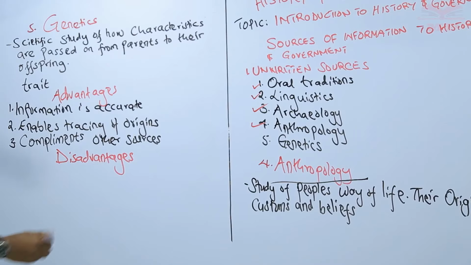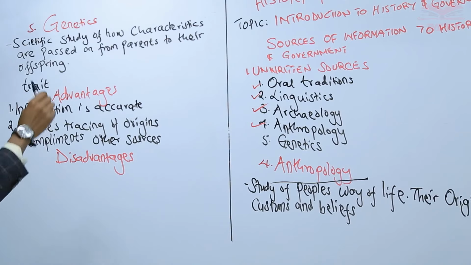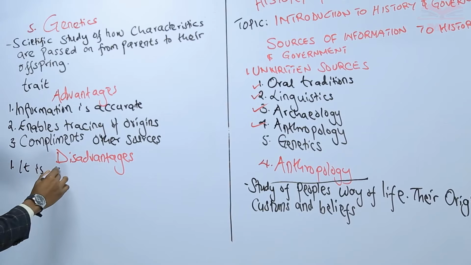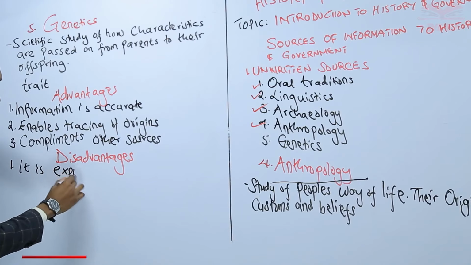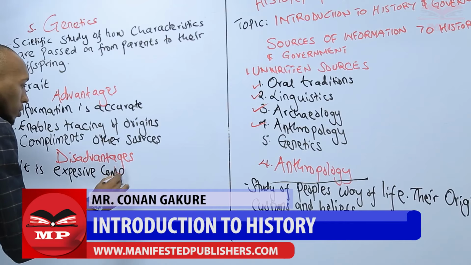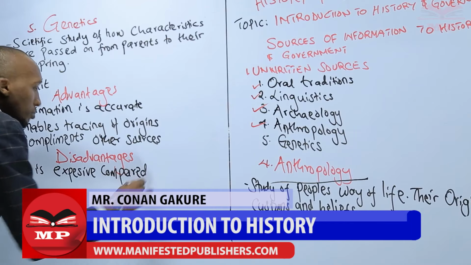So number one, the most obvious one, it is expensive, because for you to study traits, you have to get samples of these plants and animals, and it requires laboratories and such things. So it is expensive compared to, and remember, you have to compare.